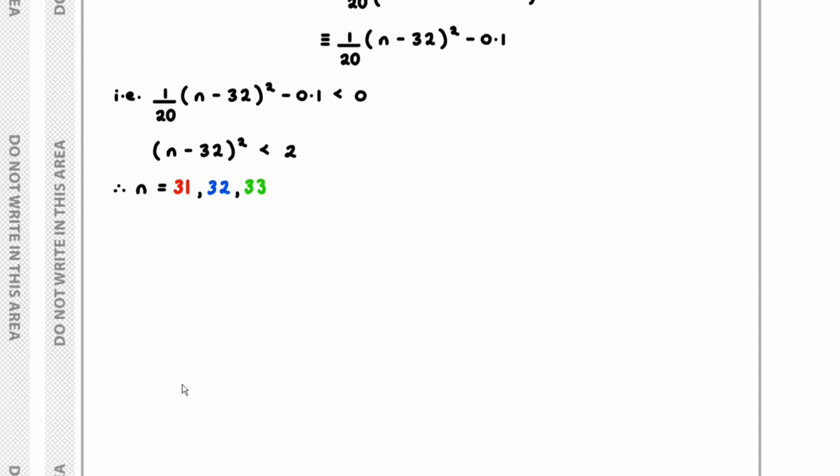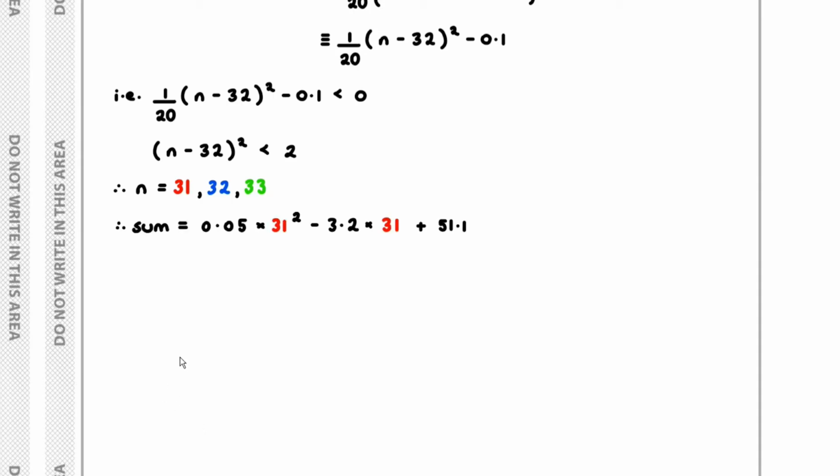So what we need to do is find the sum of the negative terms of this sequence. We substitute these values of n back into the original sequence 0.05n squared subtract 3.2n plus 51.1.